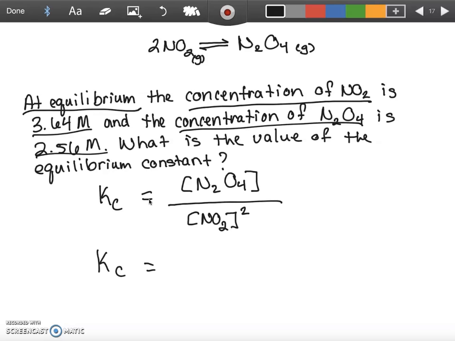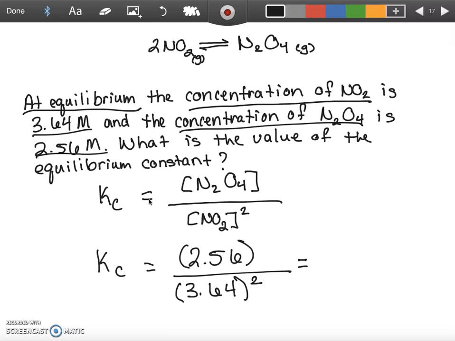So let's go ahead and plug in our numbers. 2.56 for the N2O4, and then we have 3.64 raised to the second power for the NO2. I'm going to go ahead and figure out what that bottom number is in my calculator here.